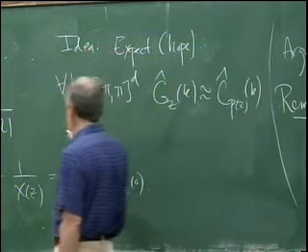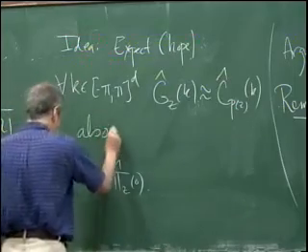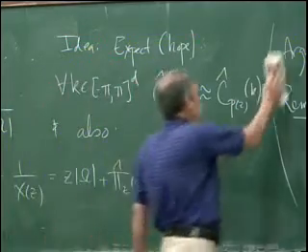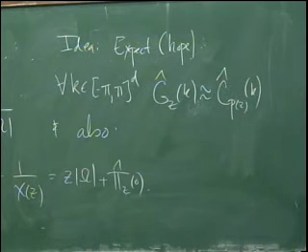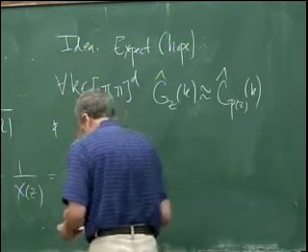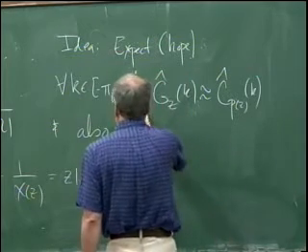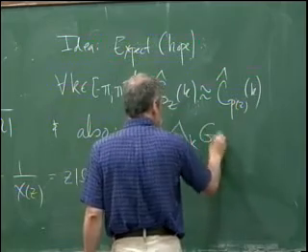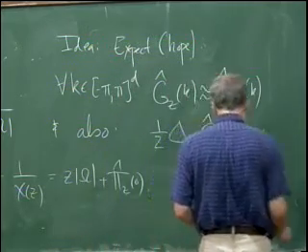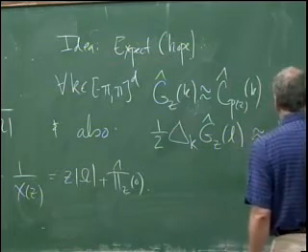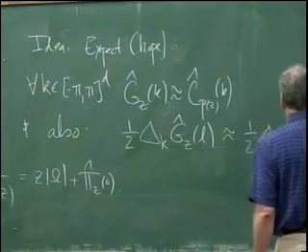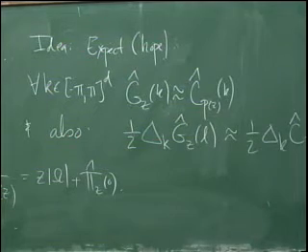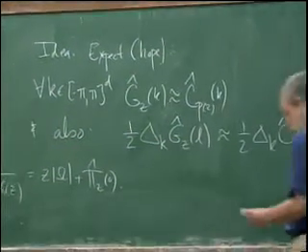And even more than that, here's a last fact which I have to say just because I don't want to lie to you too much, but I don't want to dwell on it. The other thing that we're going to hope is that 1/2 delta K g_z hat of L is approximately equal to 1/2 delta K c hat p_z of L, where I haven't defined what this delta is yet, but it's defined like this.